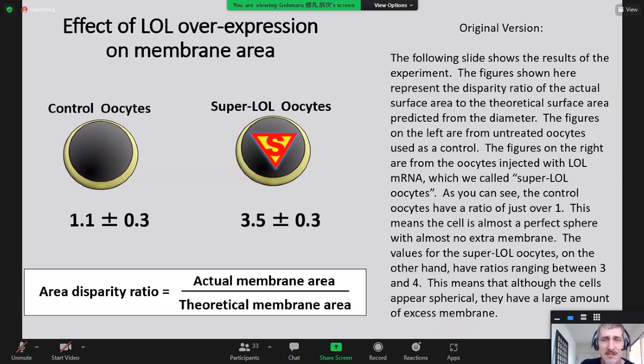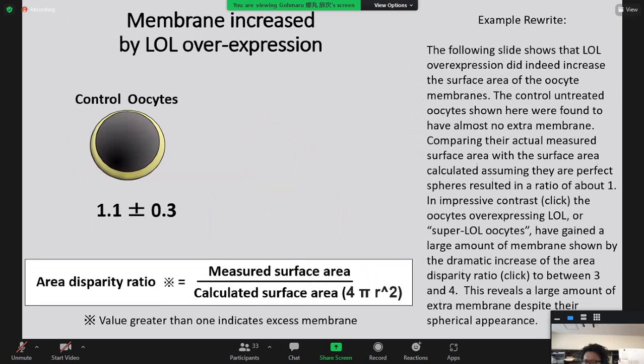So a better version of this would be: the following slide shows that LOL overexpression did indeed increase the surface area of the oocyte membranes. The control untreated oocytes, shown here, were found to have almost no extra membrane. Comparing their actual measured surface area with the surface area calculated assuming they are perfect spheres resulted in a ratio of about 1.